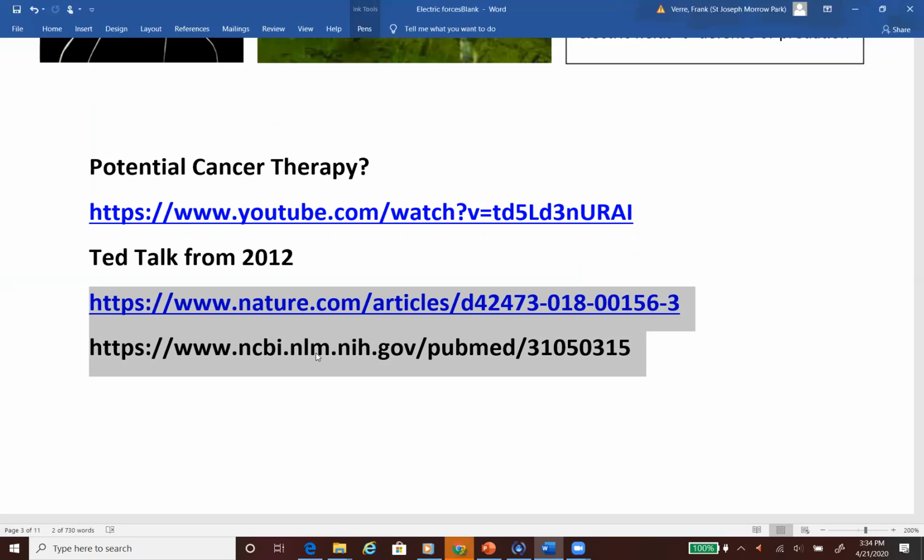How many of you have heard of this, using electric fields as a cancer therapy? Yeah, I've never heard of it. And you guys are pretty good students, so I would imagine most people have probably never heard of this, right? I thought I would hear more about it, but I haven't.